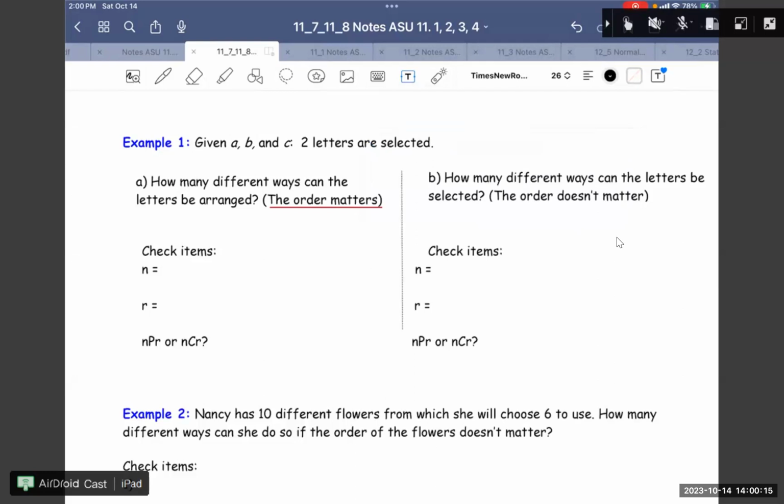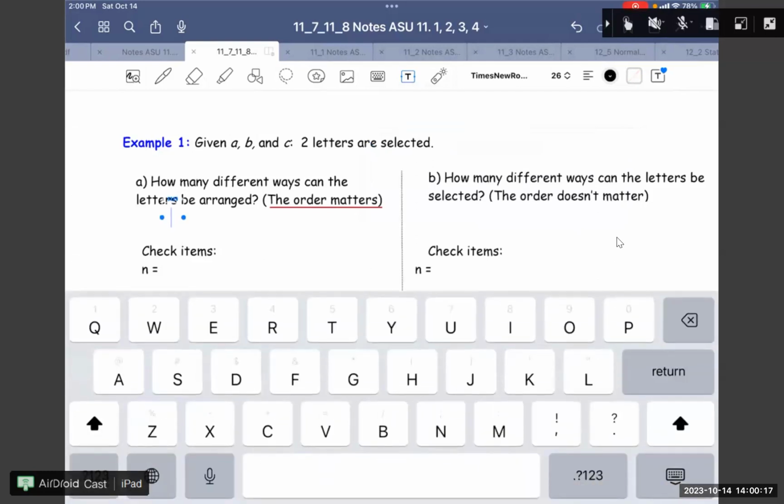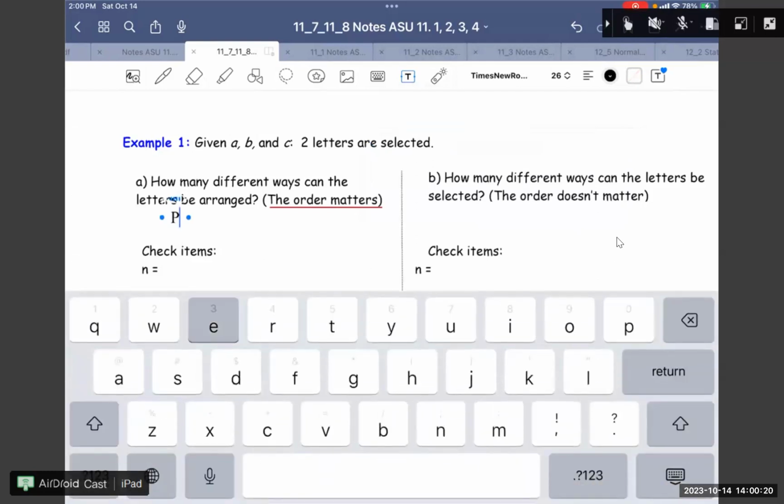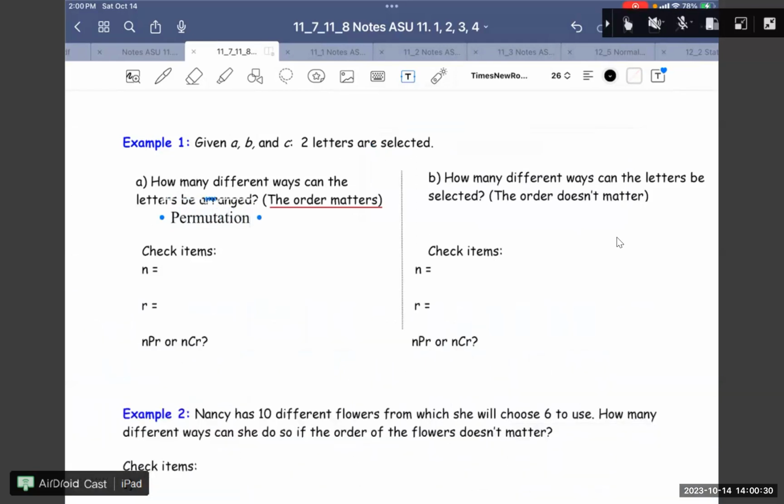So this one is permutation. So we have N is 3, right? Because there are only 3 letters, and R is 2. So which one do we use? Permutation. So we use this right here.